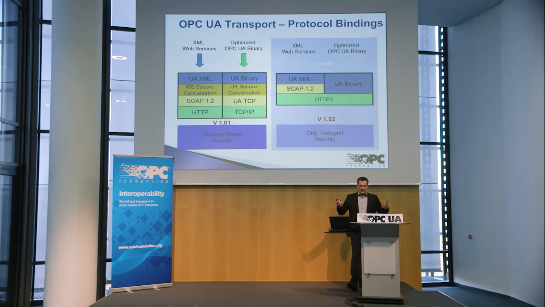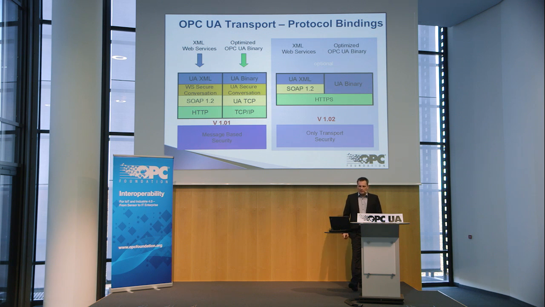So we have an already secured transport. And over that, we can now just transfer the UA binary raw data directly, because the transport channel is already secured. It's a transport security. And then you can transfer this over port 443, like all the other HTTPS traffic as well.